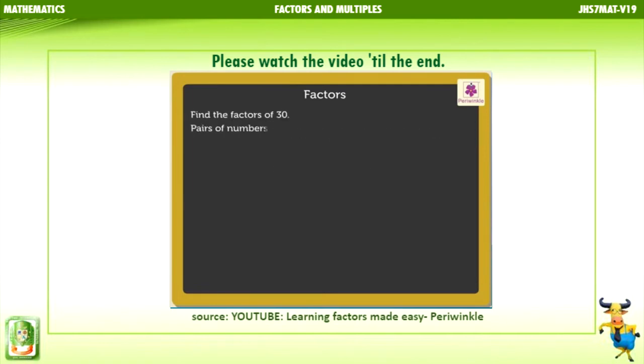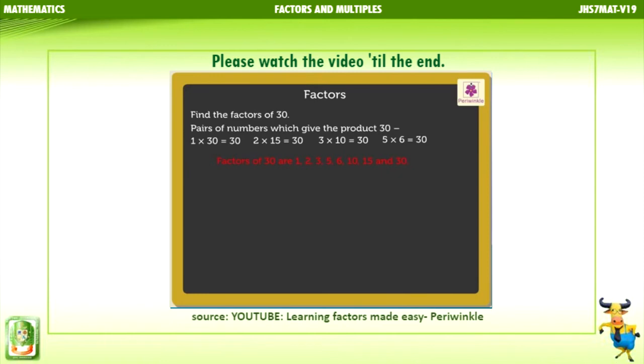The pairs of numbers which give the product 30 are 1 into 30 is equal to 30, 2 into 15 is equal to 30, 3 into 10 is equal to 30, 5 into 6 is equal to 30. Thus, the factors of 30 are 1, 2, 3, 5, 6, 10, 15 and 30.